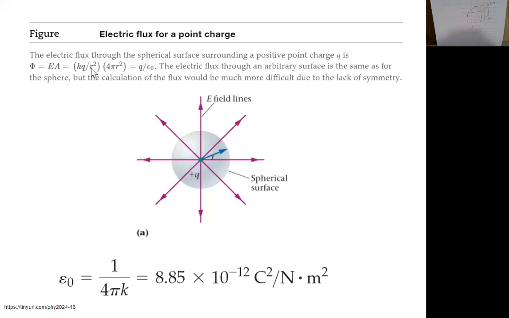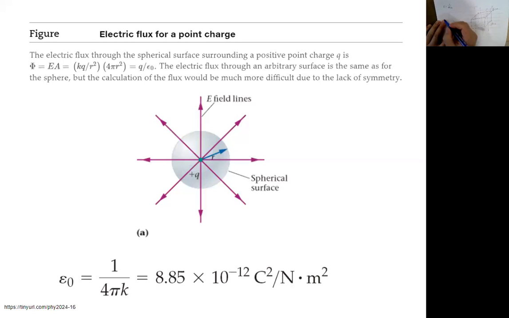Simply, you can see here, the r squared and r squared will cancel out. And then K: if you remember, the constant K is equal to 1 over 4 pi epsilon naught.